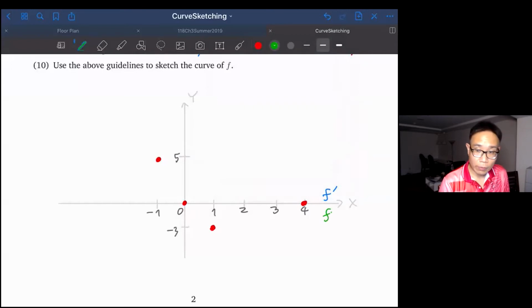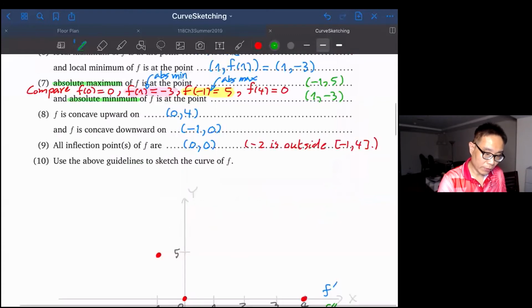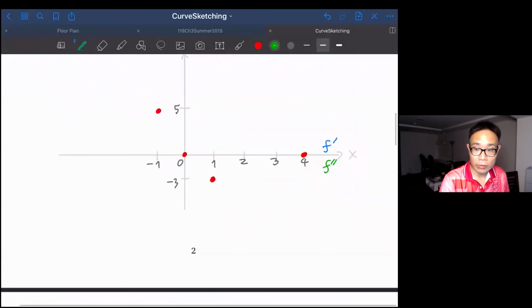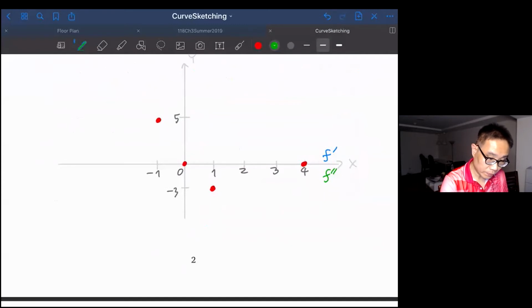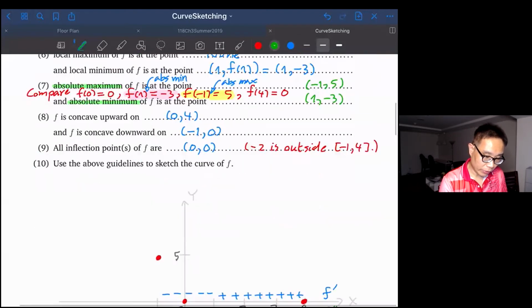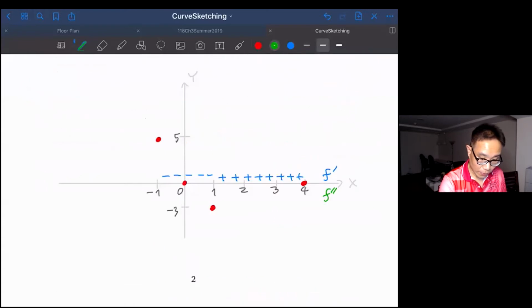For the sign of f prime, as the above calculation tells you, it's going to be positive when x is more than 1, and it's going to be negative, and the next one will be positive when x is more than 0, and negative for the rest.